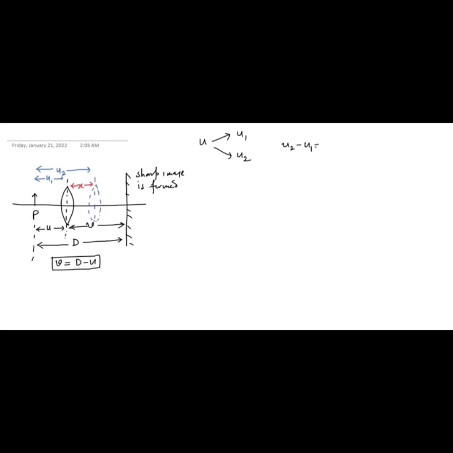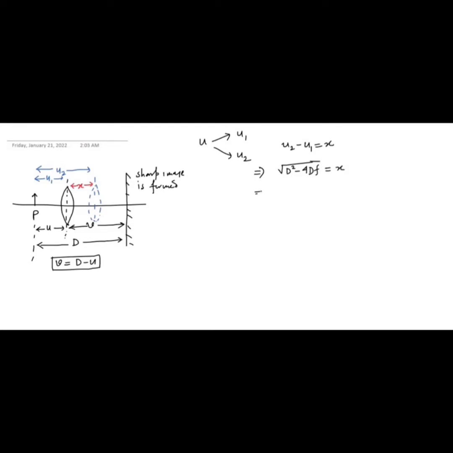Let me write it here. What were the values of u2 and u1? The difference of the roots of u is the square root of D square minus 4Df, and this is equal to x.